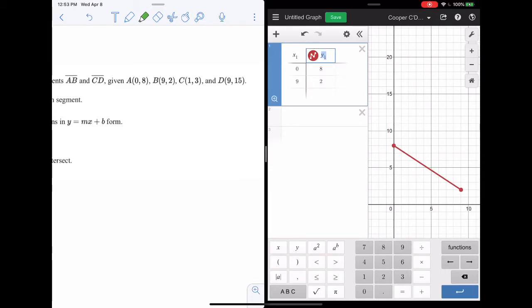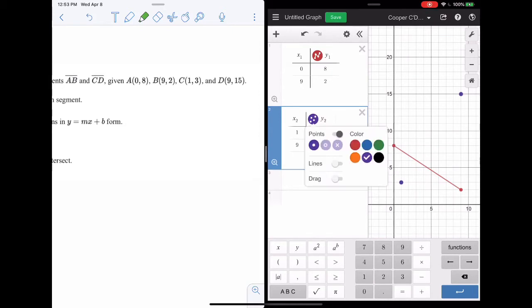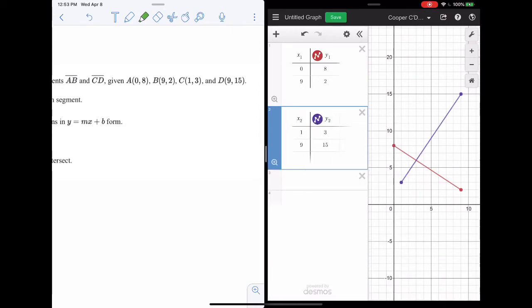Now let's make a table for segment CD. So I have 1, 3, and 9, 15. I hold down that purple circle, I select lines, and there is my segment.